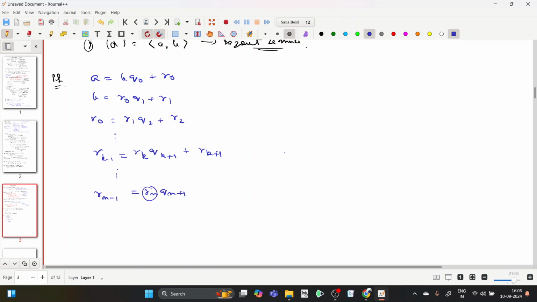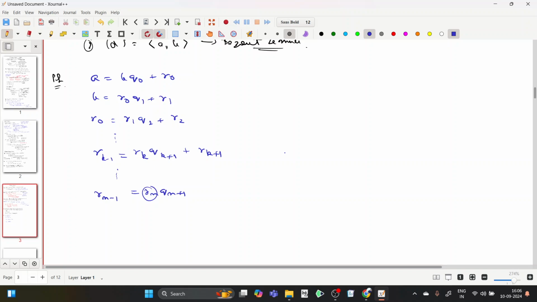Since we are in an Euclidean domain, in an Euclidean domain every ideal is a principal ideal. That's something which we have already talked about. So the ideal generated by the two elements A and B is also a principal ideal, so it is generated by some element.